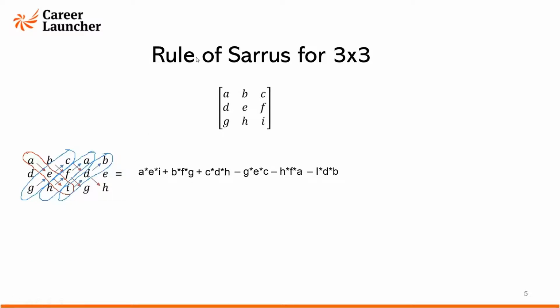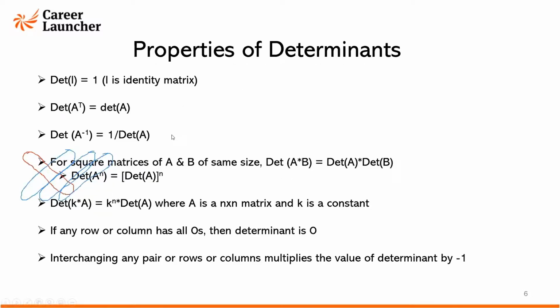You can do your determinant calculations very quickly using this simple rule. Now, there are a few properties that we're going to use in determinants. There have been questions in IPMAT Indore where these properties were required to solve the questions.